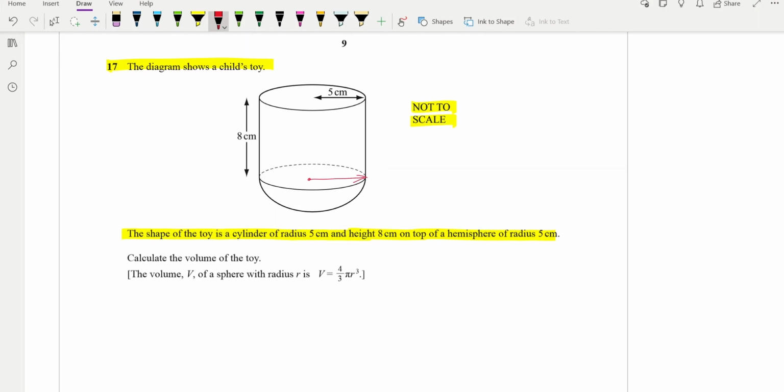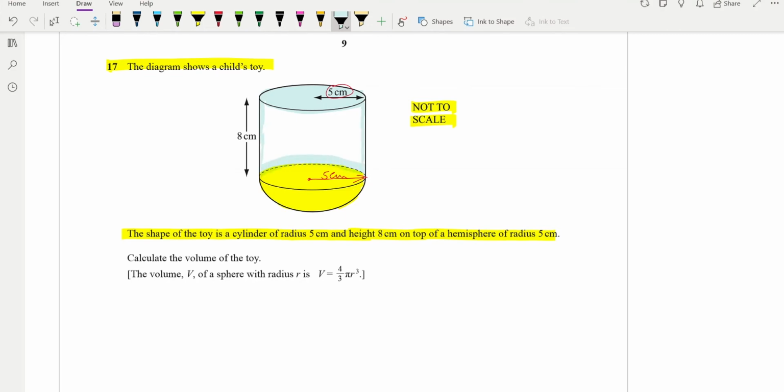This radius is 5 centimeters, which is given over here also, and the hemisphere is basically this portion. Hopefully you are understanding, this portion is the hemisphere, and the cylinder portion is this one.